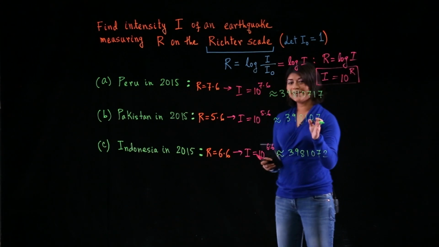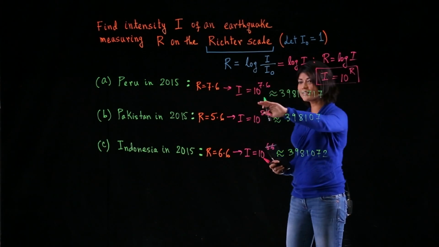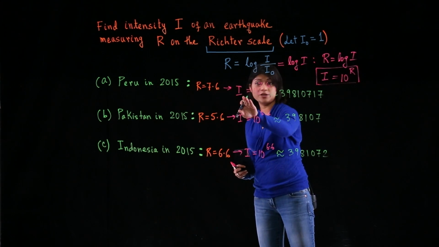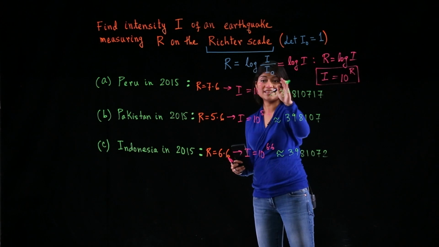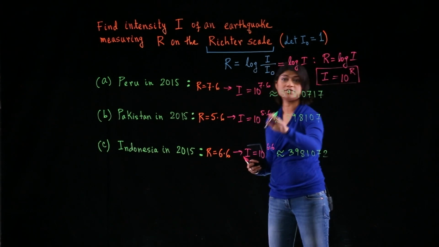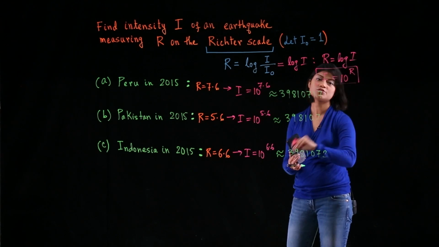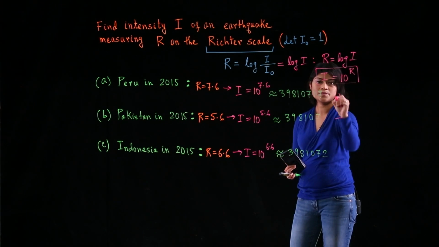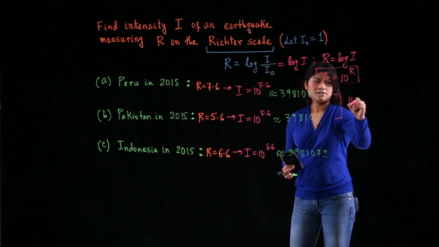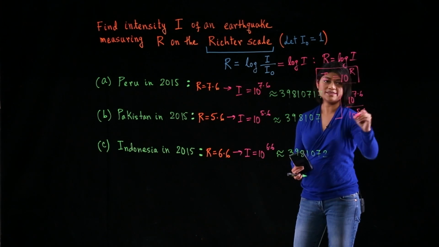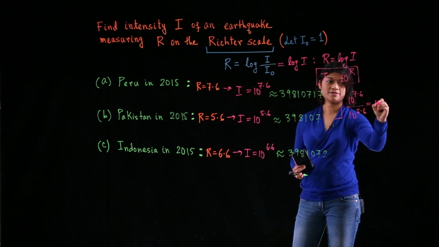If you want to compare and understand this, notice these numbers. For Peru, the intensity is 10 to the power 7.6 and for Pakistan it is 10 to the 5.6. 10 to the 7.6 divided by 10 to the 5.6 is 100.